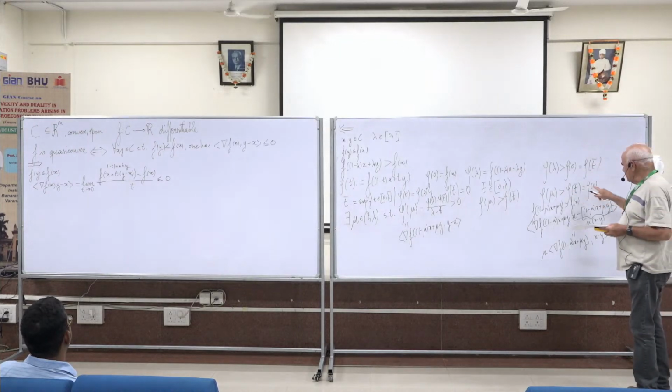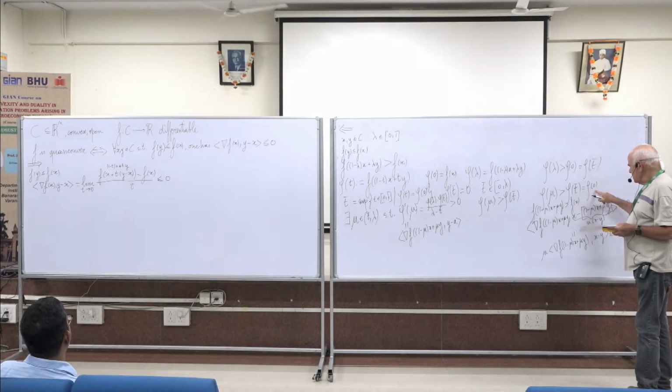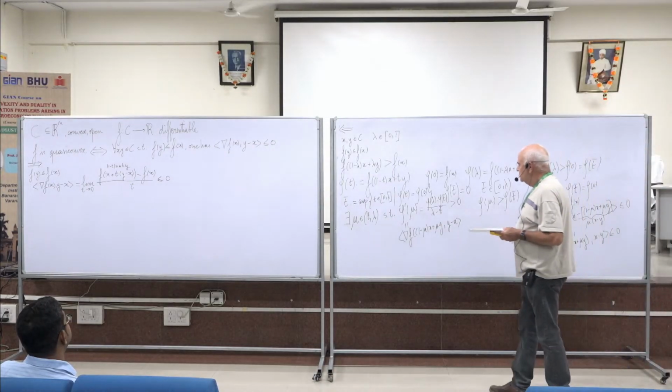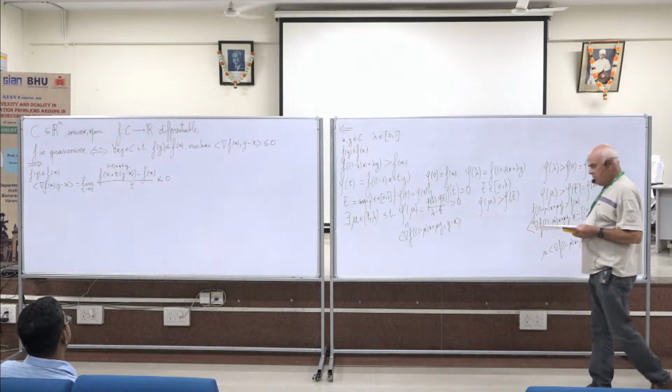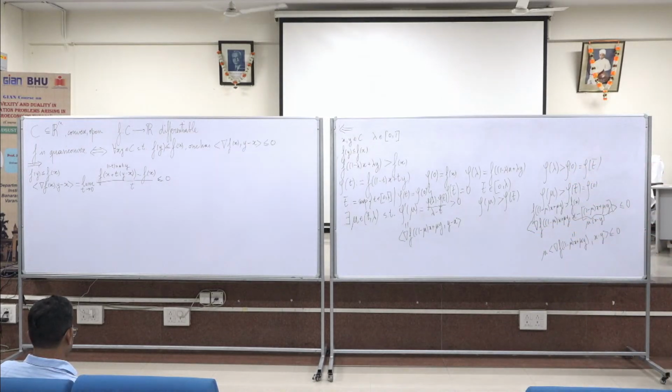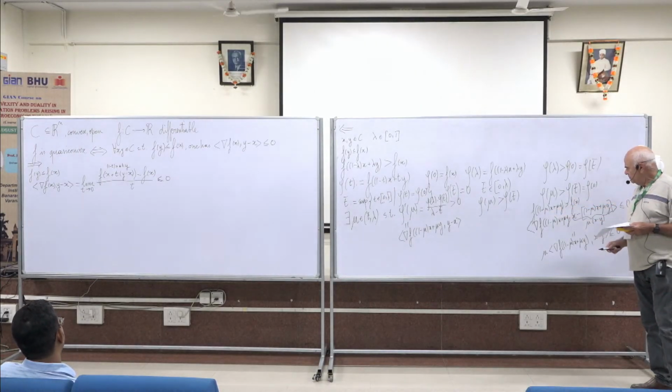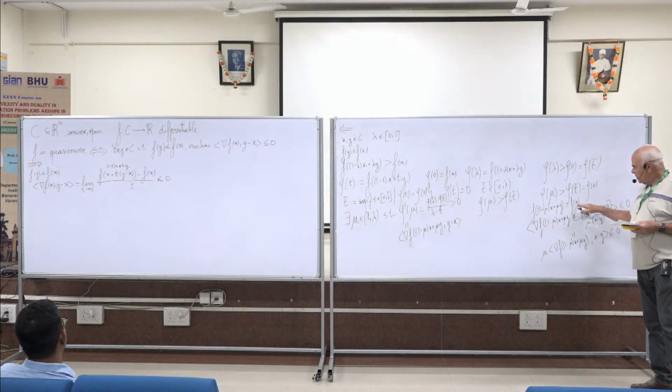Phi of mu is indeed greater than f of x. So I'm taking the gradient of the point with a higher value times the smaller minus the largest.